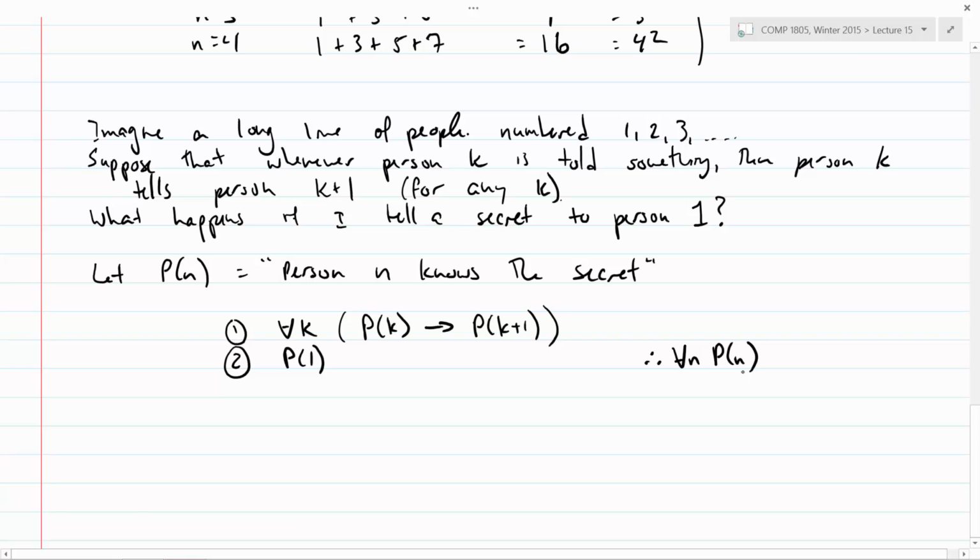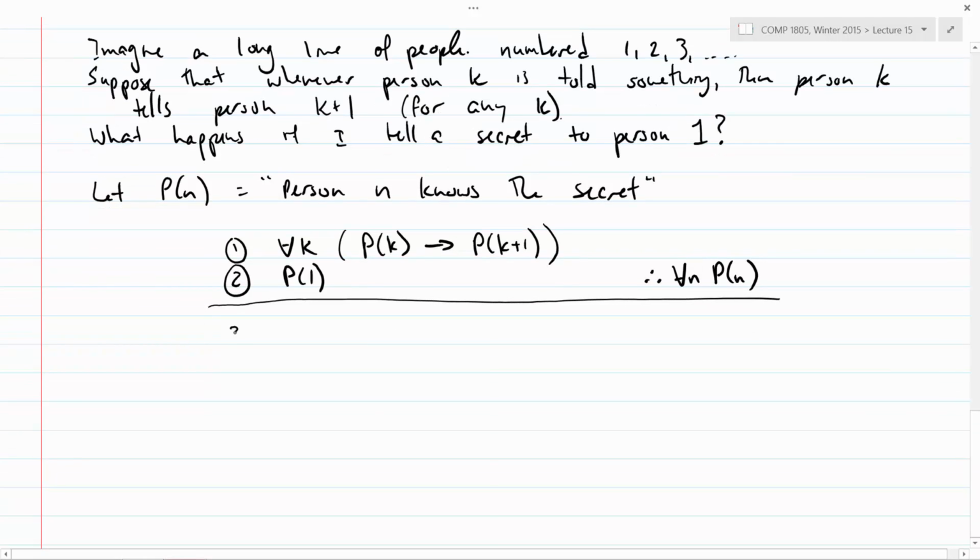So originally I only know one thing. I know that person 1 knows the secret, but I also have this fact that says whenever someone knows the secret, they tell the next person. So I'd like to prove that this thing is true. So one way I can see that is by applying our usual rules of inference. So first I'm going to do universal instantiation on 1.